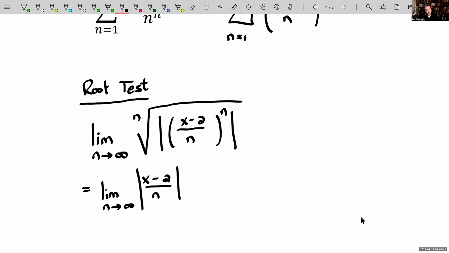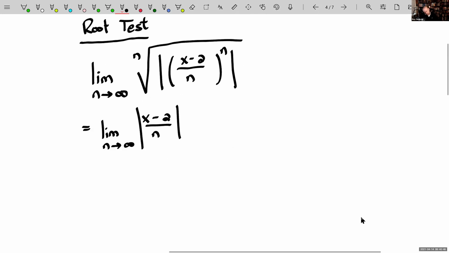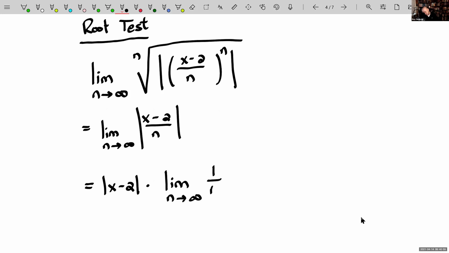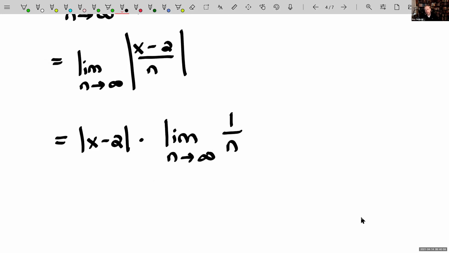The x minus 2, on the other hand, we don't know if that's positive or negative, but we can move the absolute value of x minus 2 off of the limit itself to get this right here. I just removed the absolute value off the n because, well, n is positive. There's no need for it. The absolute value of x minus 2 I moved out front because it's not to the nth power anymore. So as far as the limit is concerned, it's constant.